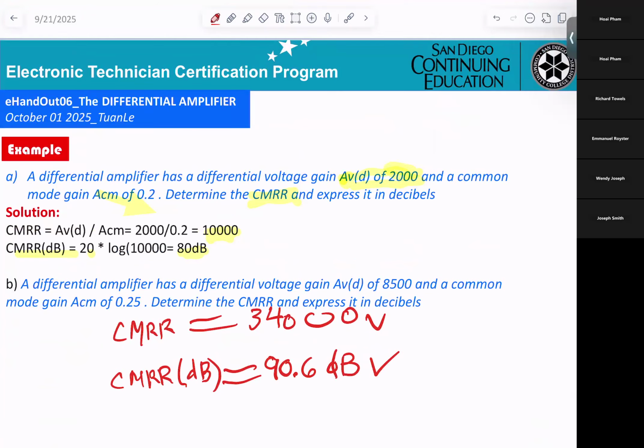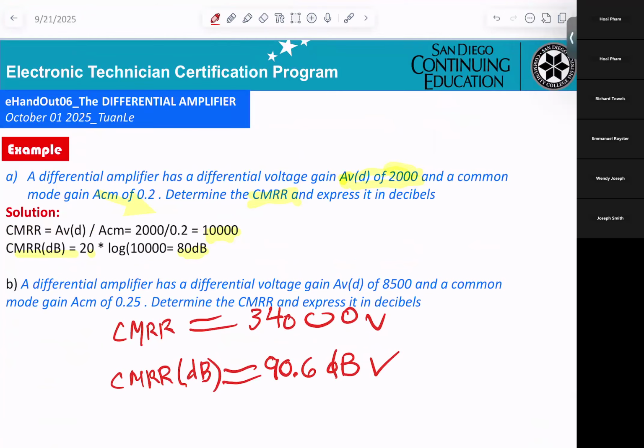They give you AV, the gain, 2,500, and common mode rejection 30,000. Okay, Vin1 is 500 microvolts RMS, right here, input here.